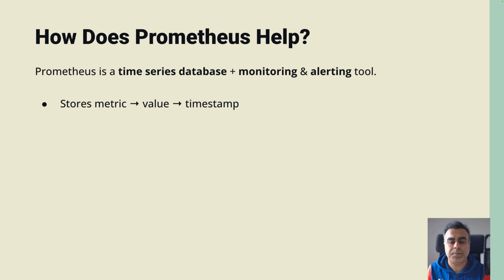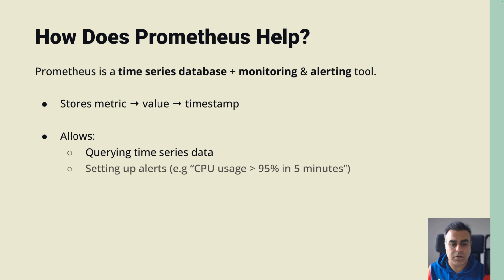And also, as I mentioned, given the capability of metric and value, Prometheus has the ability to filter and query the stored data. And this is another reason that we can use Prometheus for working with the metrics.